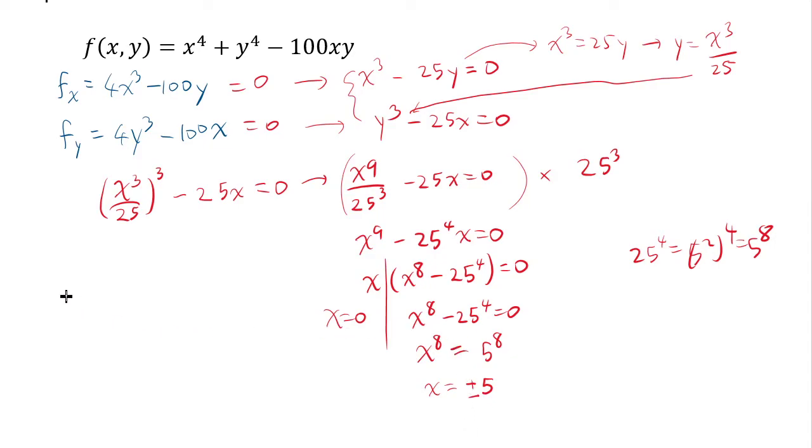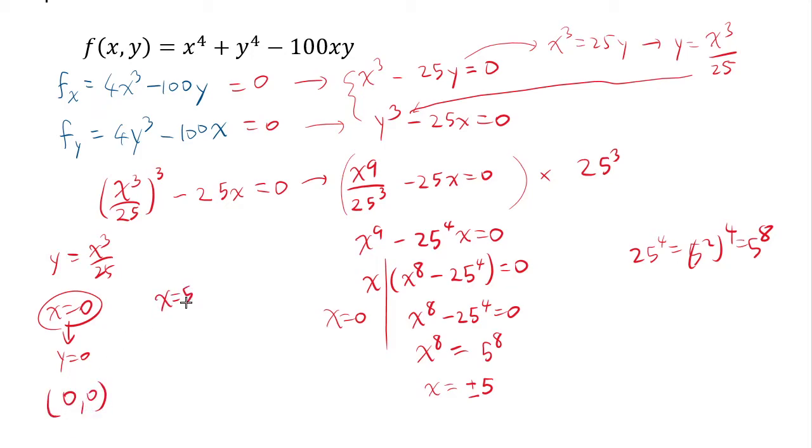So you actually have three critical points, which is 0, 0, well, I forgot to calculate y, right? So now let's go for y. Y is x cubed over 25. So when x is 0, we get y as 0, so that 0, 0 is a critical number.